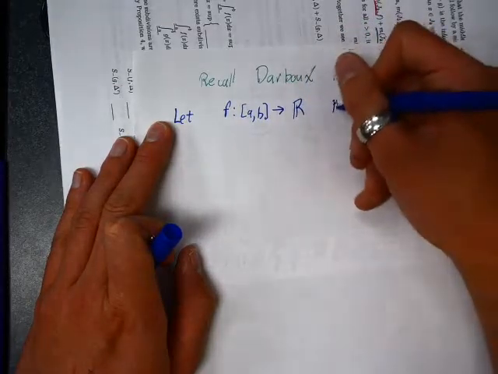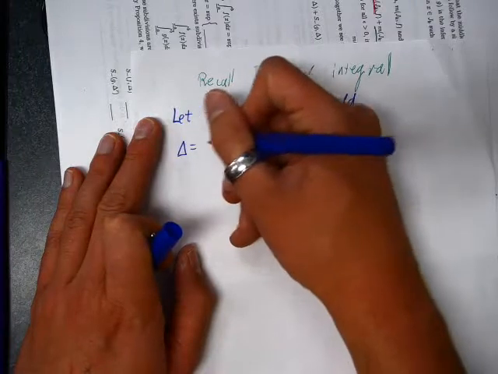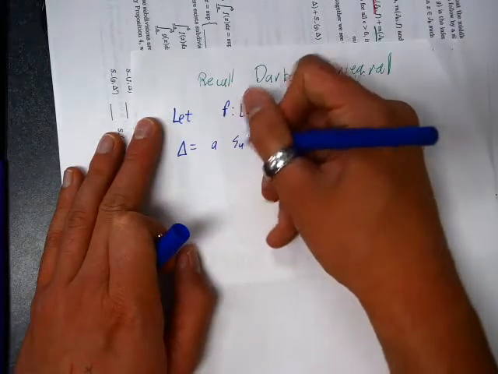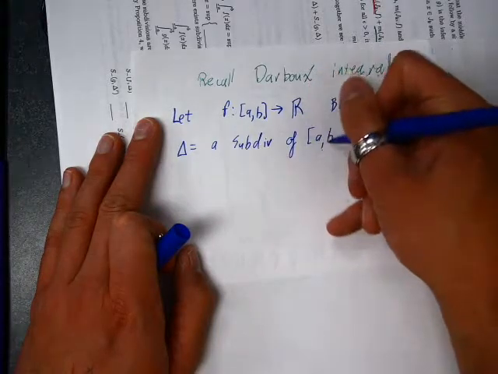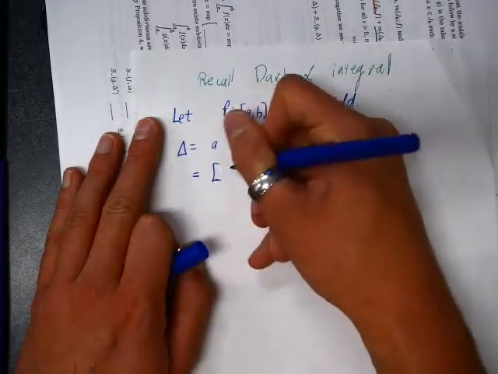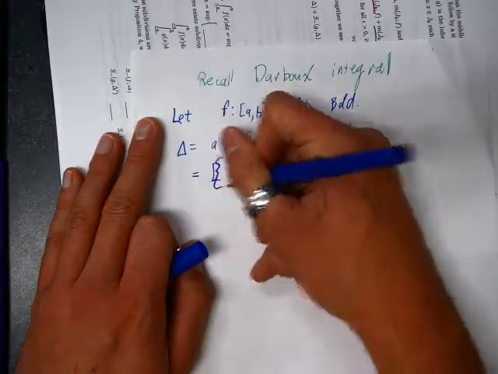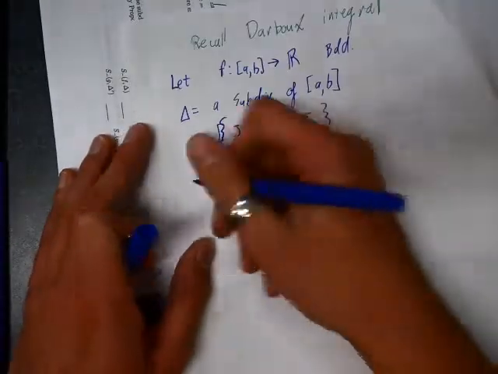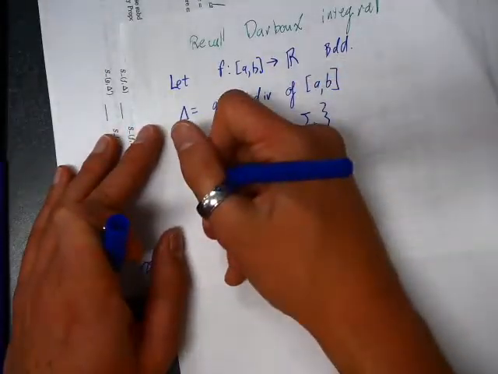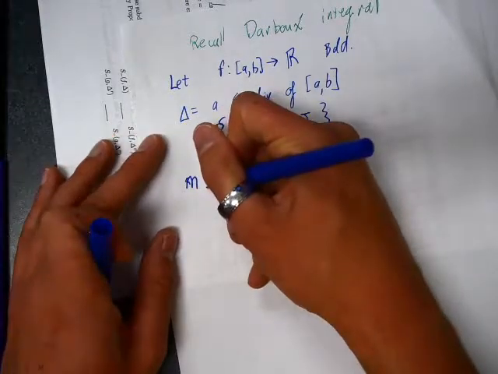Let's let f be a bounded function, and delta equals a subdivision of [a, b]. And maybe it's actually useful to write it as J1, J2, on up to some Jn. Then let's write down some notions.